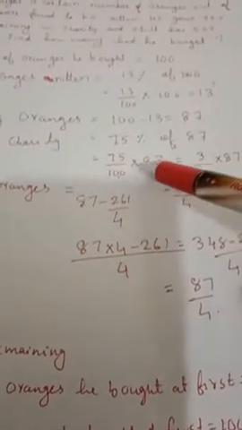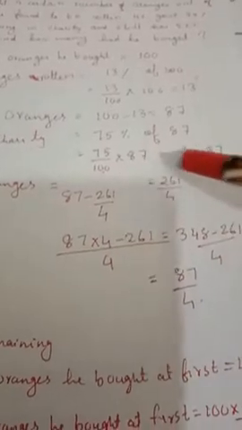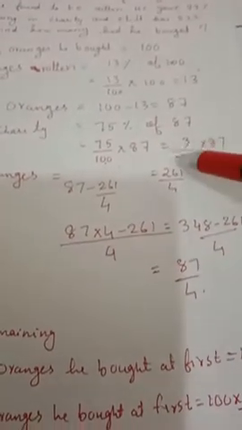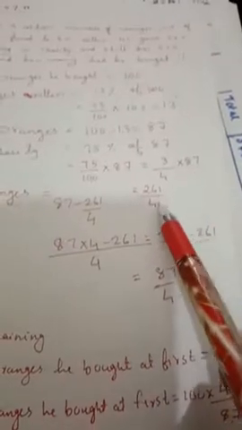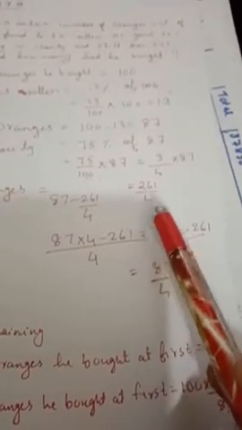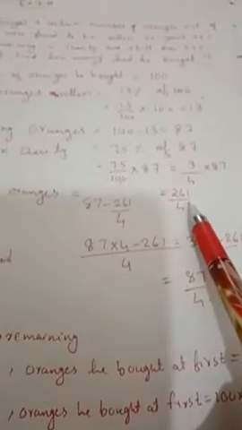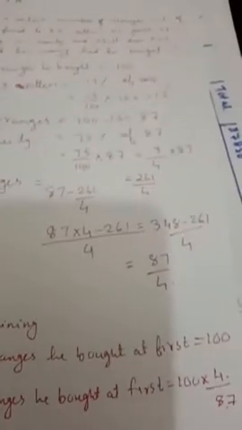So 75 by 100 into 87, where 75 by 100 is 3 by 4, into 87, is 261 by 4. This much is given to charity. So now how many oranges are left? The remaining oranges is 87 minus 261 by 4, it is 87 by 4.